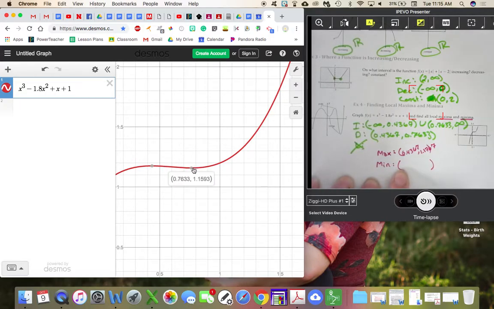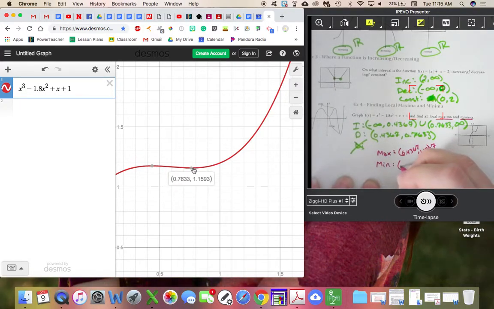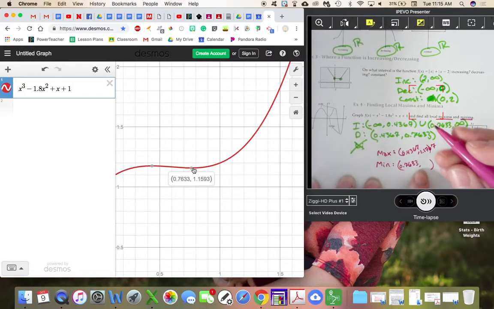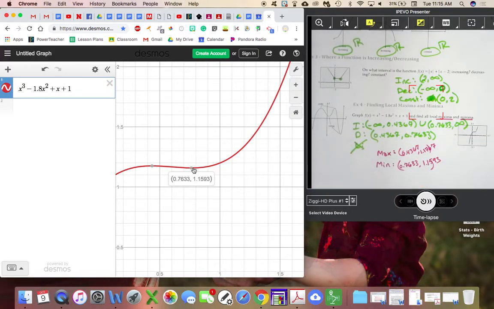Then my minimum point is the other one. Desmos is choosing these for me. I really, really like Desmos. 0.7633, comma 1.1593. Okay, max and min.